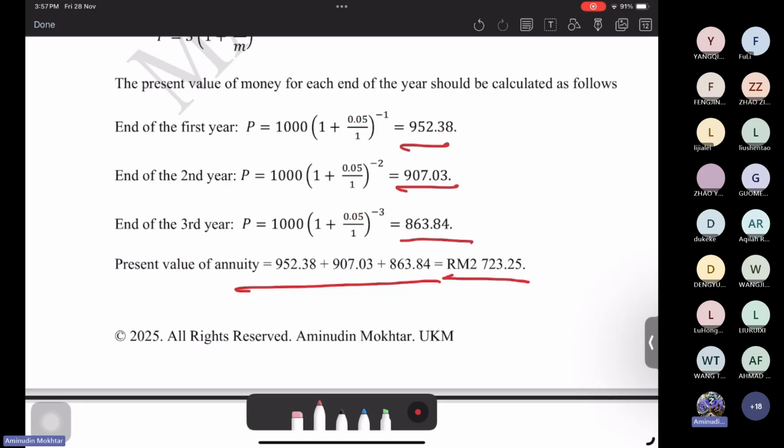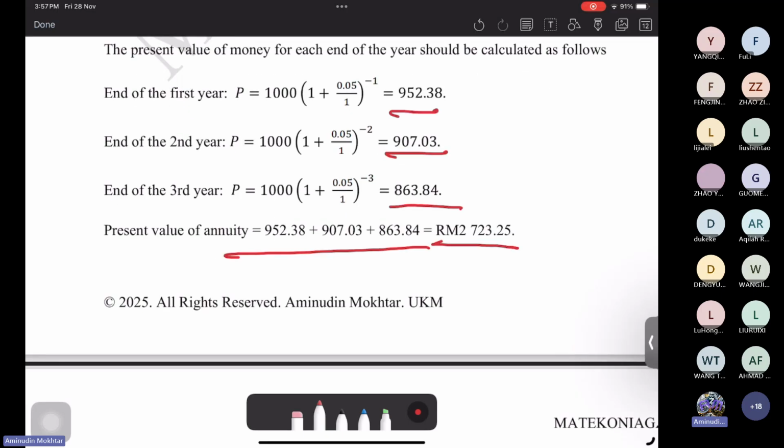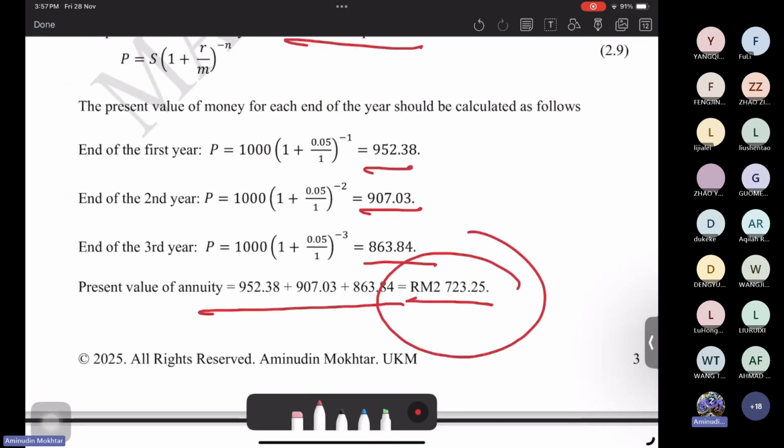That is the difference between the present value of money and the present value of ordinary annuity. In detail, I've just shared with you the concept of present value of annuity. We could calculate every present value one by one.